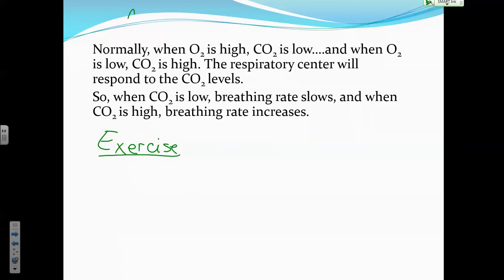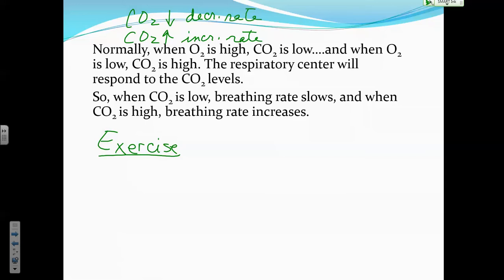Remember, if CO2 is high, what's that going to do? It's going to increase the rate and depth of your breathing. If CO2 is low, it does the opposite. It decreases the rate and depth of breathing.